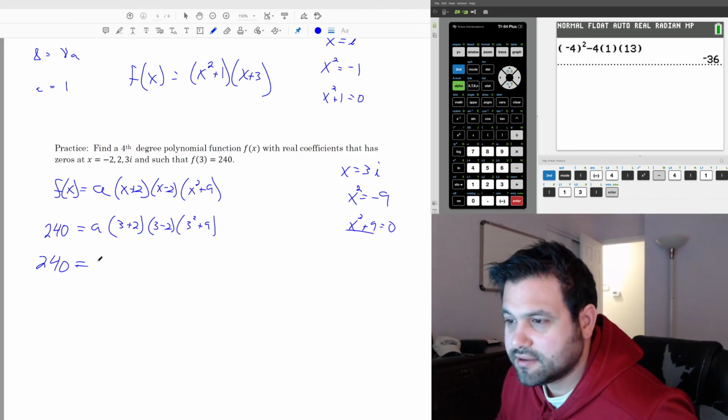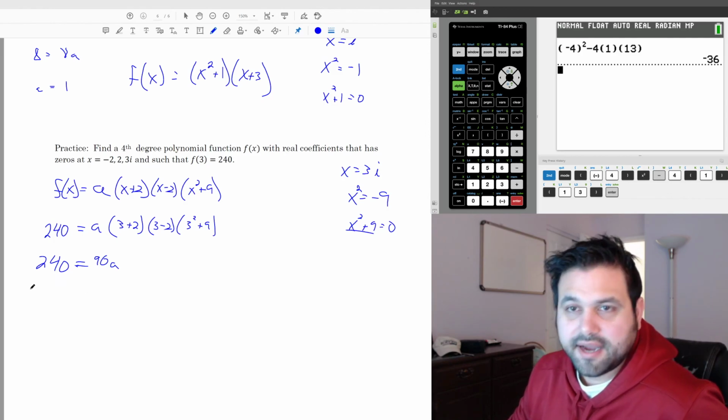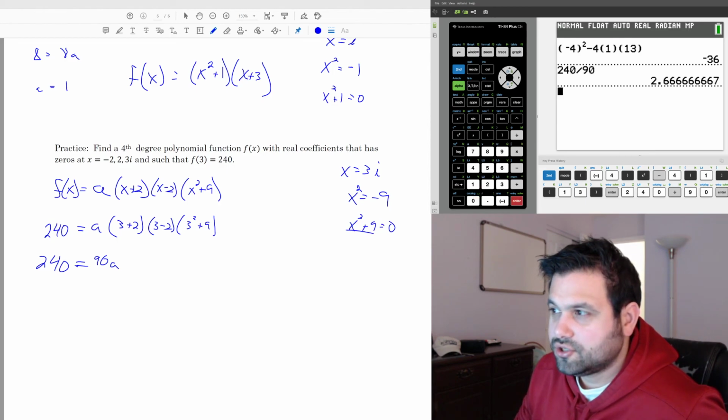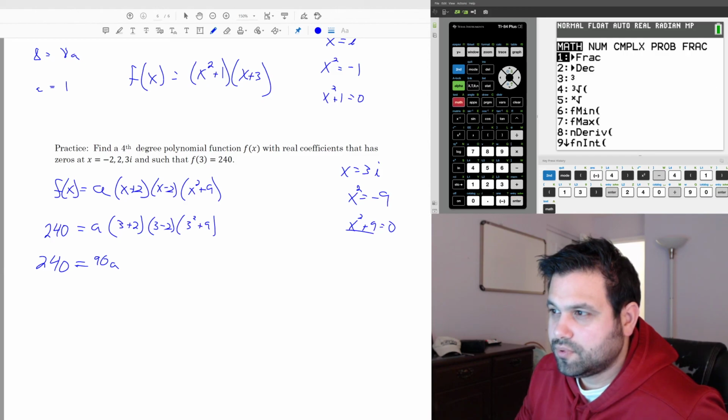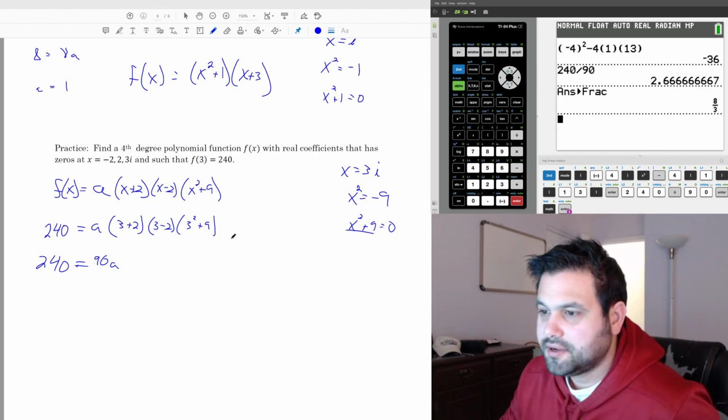I think that's 90. So 240 equals 90a. Now divide. 240 divided by 90 is 2.6 or 8/3. So a equals 8/3.